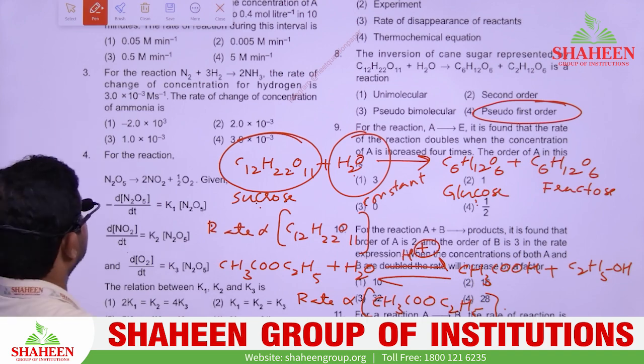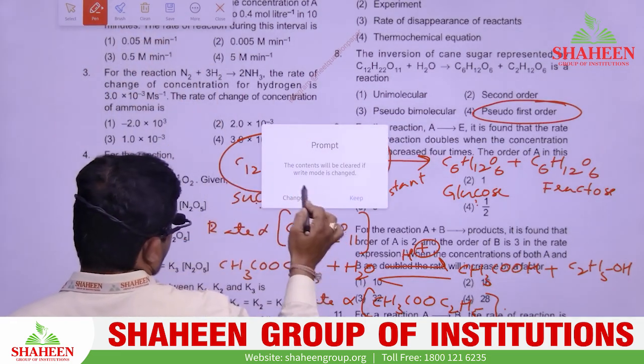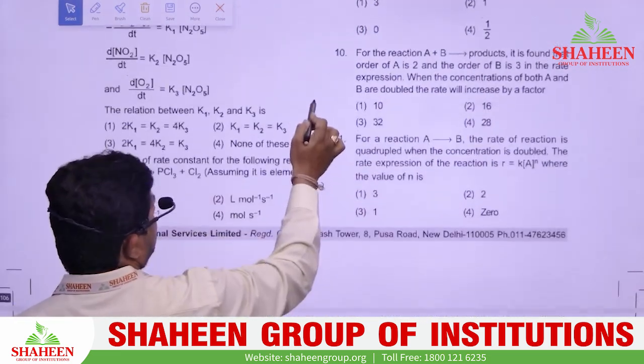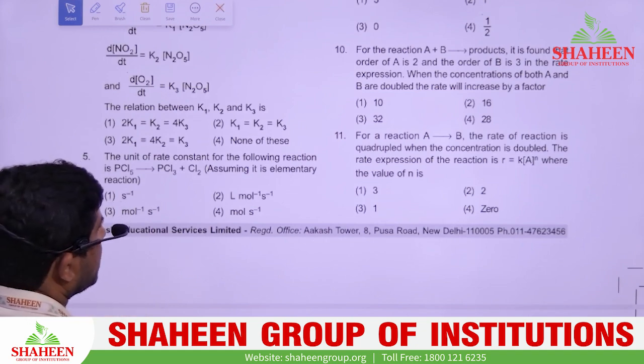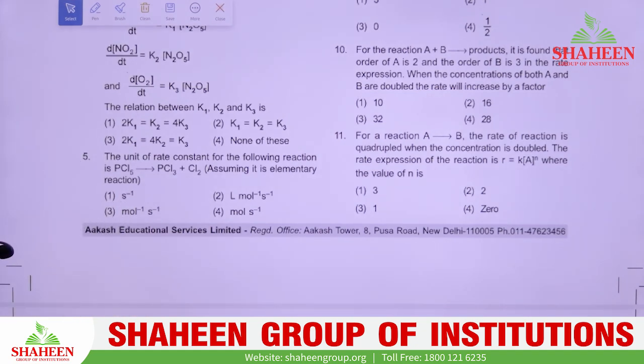Okay, next. For the reaction A plus B gives products, it is found that the order of A is 2 and the order of B is 3 in the rate expression. When the concentration of both A and B is doubled, then the rate will increase by what factor?